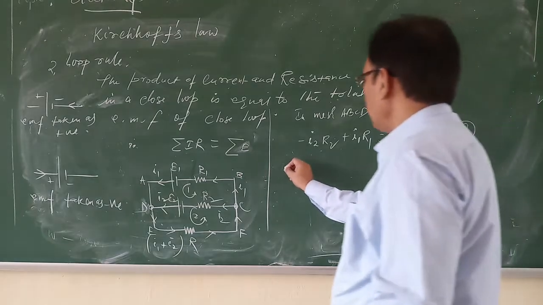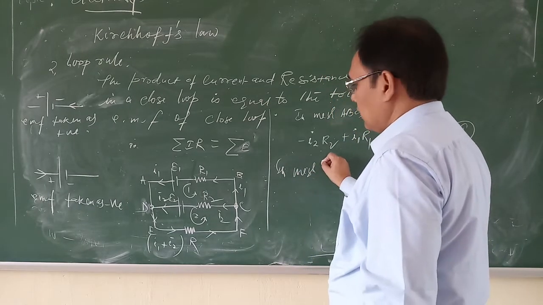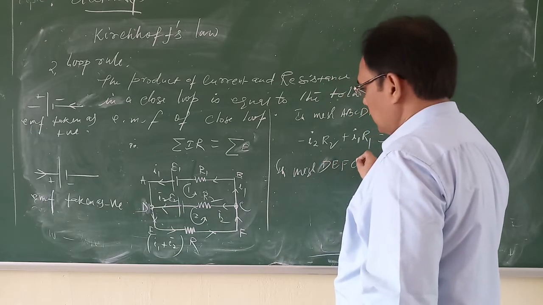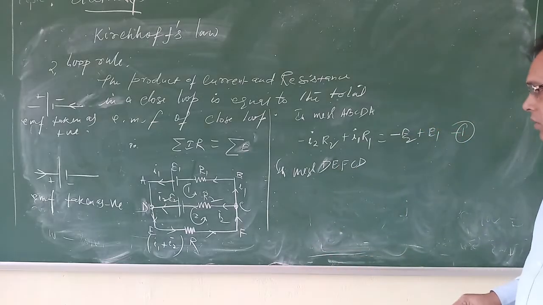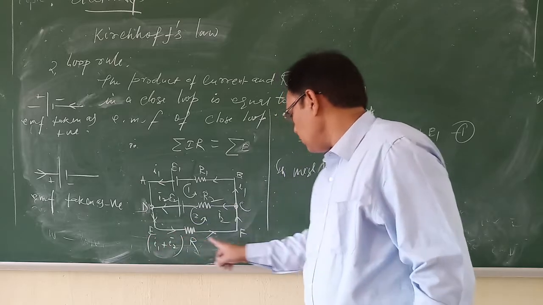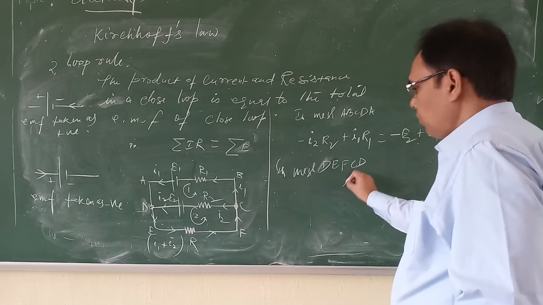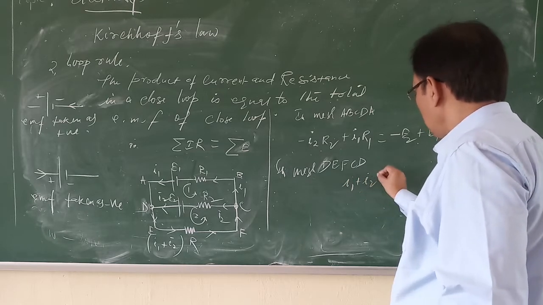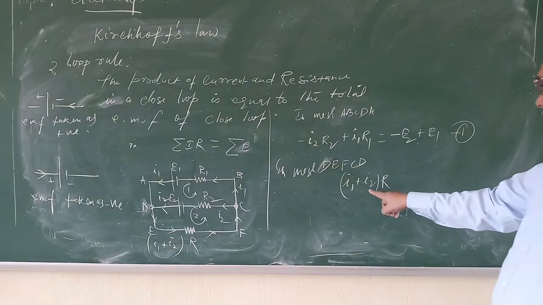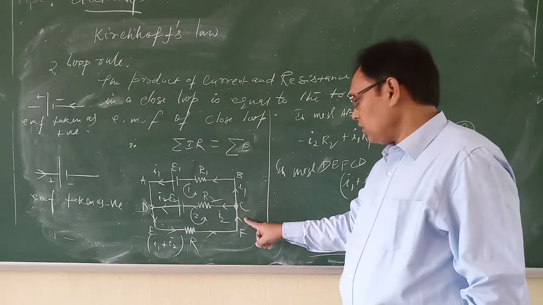Now come to the second mesh, the second circuit, B, D, E, F, C, D. In this closed circuit, D to E, no resistance. E to F, resistance R, and the current is in the same direction, so the product of current and resistance should be positive, I1 plus I2 times R. Then F to C, no resistance.